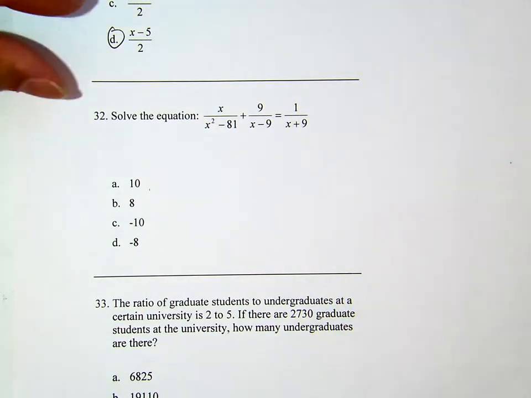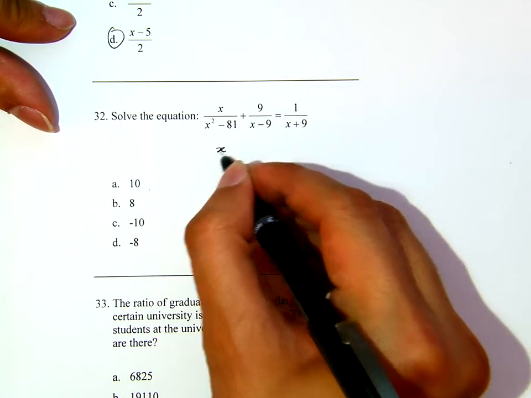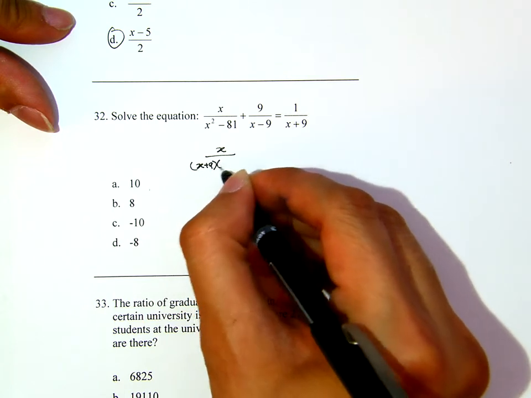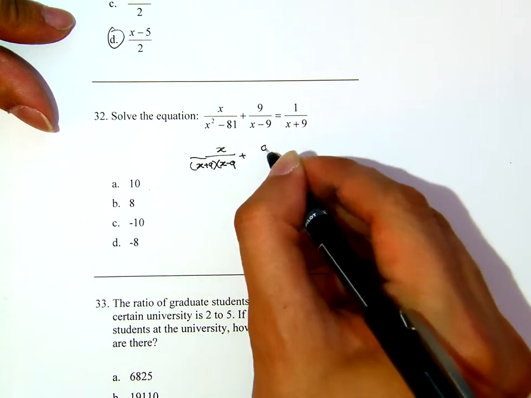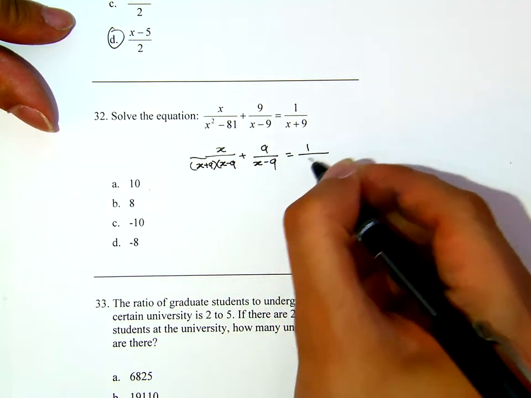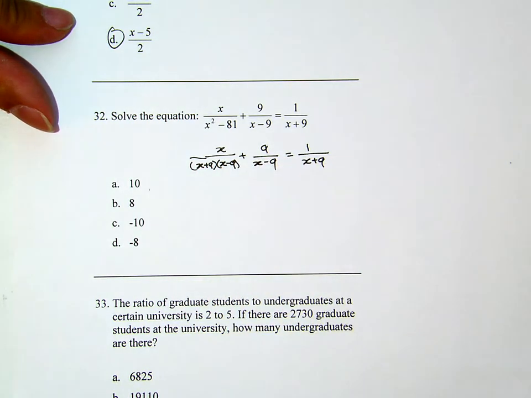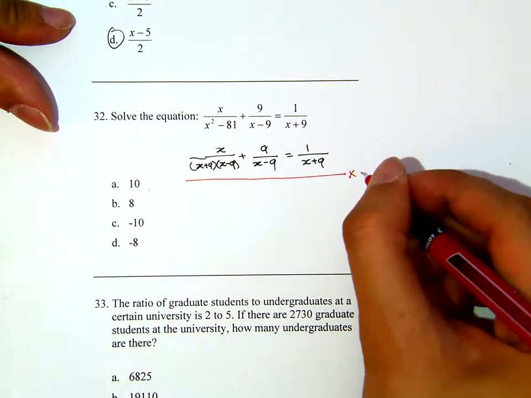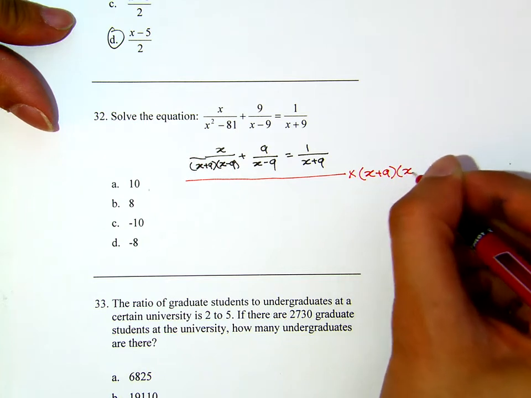The first thing we will do is factorize the denominator. There will be x plus 9, that's a difference of squares, right? x minus 9. Now I will multiply each term by the LCD, which is x plus 9 times x minus 9.